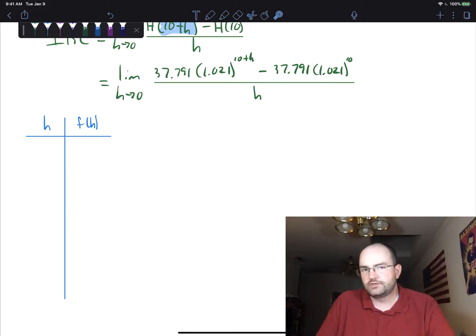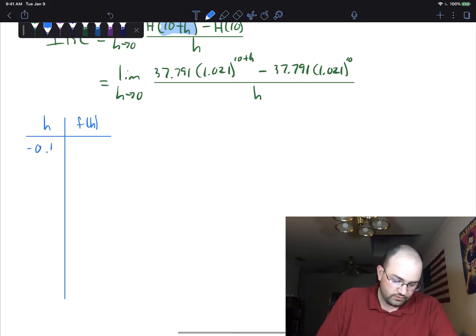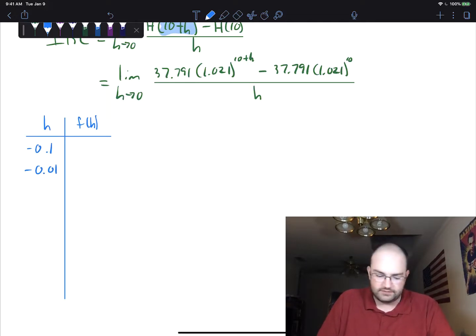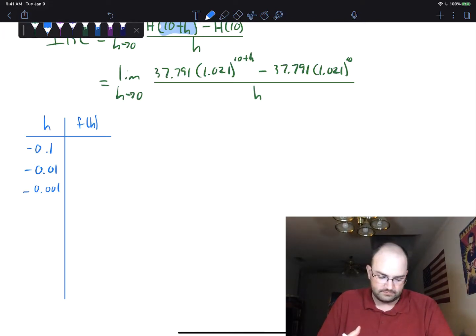Now we need numbers to the left of 0 and numbers to the right of 0. So I'm going to start out with negative 0.1 and figure out what the function value is. Then I'll go to negative 0.01, and then negative 0.001. That may be enough. It may not. It depends on where the decimals are stopping.